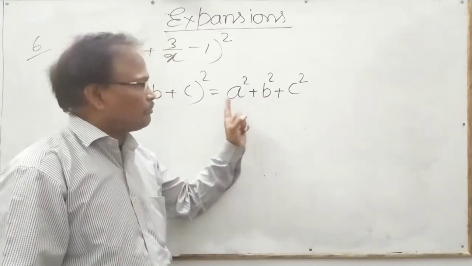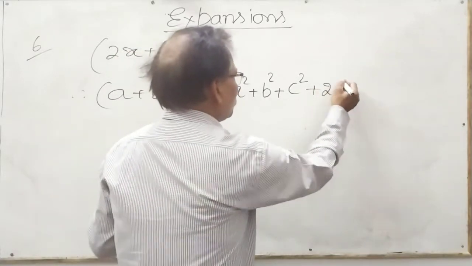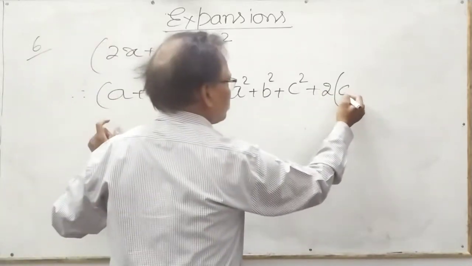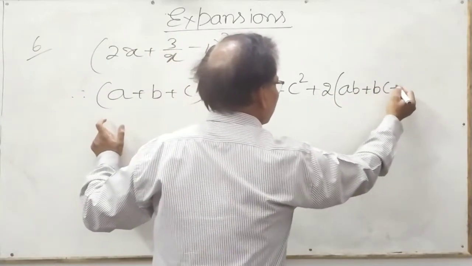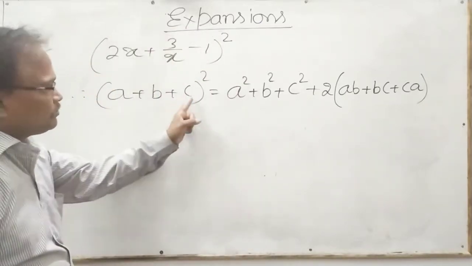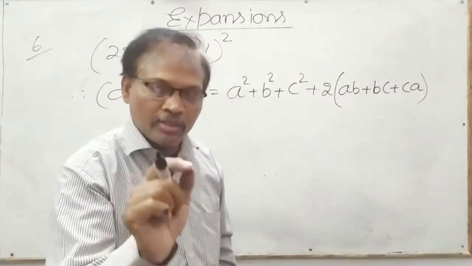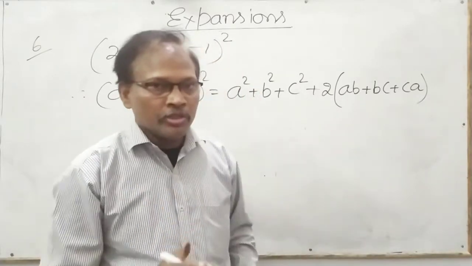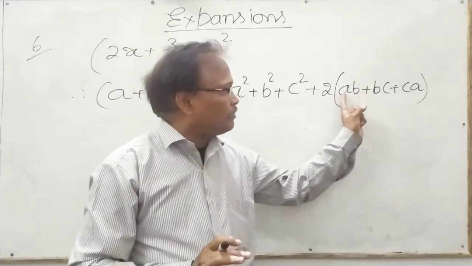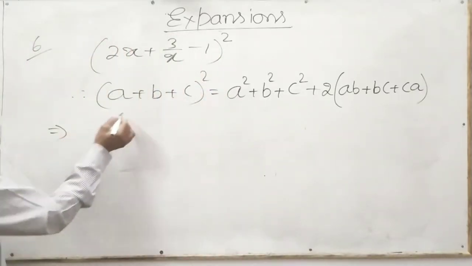With a square, there is never a minus, never. Okay, then plus 2, a into b plus b into c plus c into a, meaning 2 times ab, 2 times bc and 2 times ac. In this part you have to take precaution while you multiply, because you have to take care of the minus sign here, as these are different numbers, individual variables, there is no square.